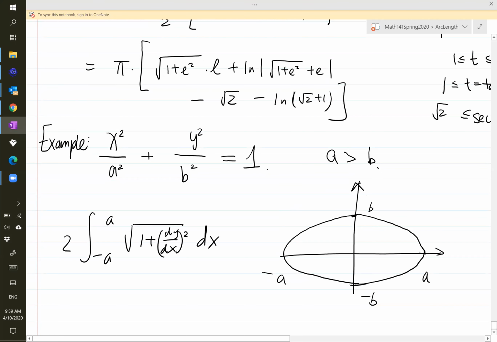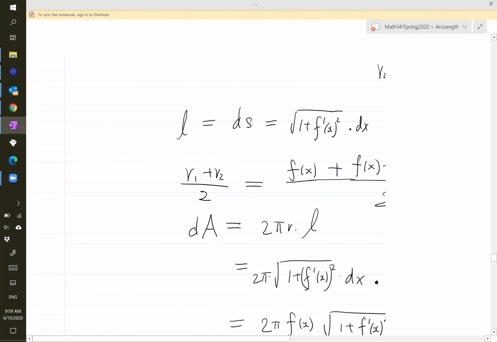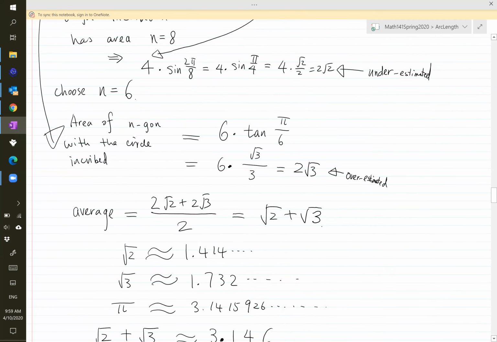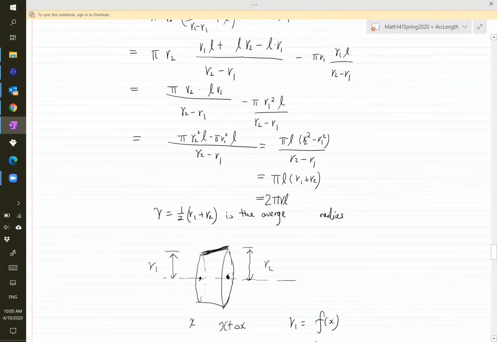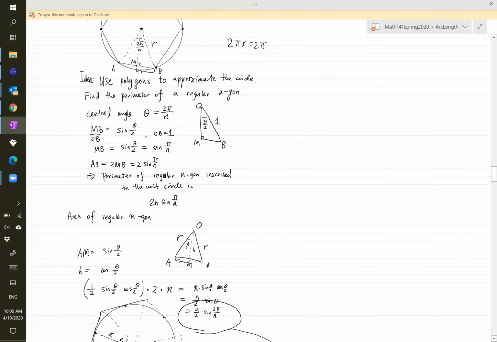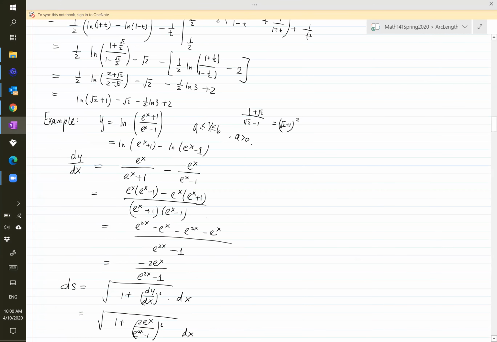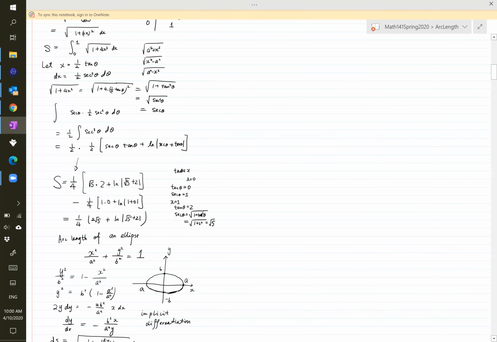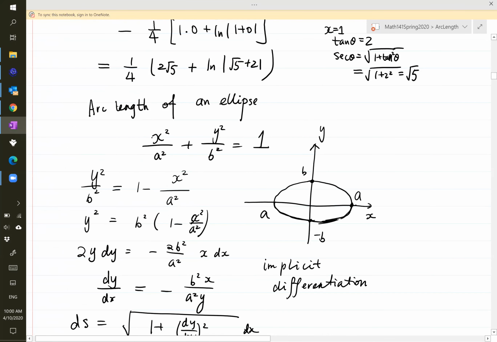Remember, this turns out to be a classical problem. Let's see. I think I did this last time. Yes. Here is the arc length of an ellipse.